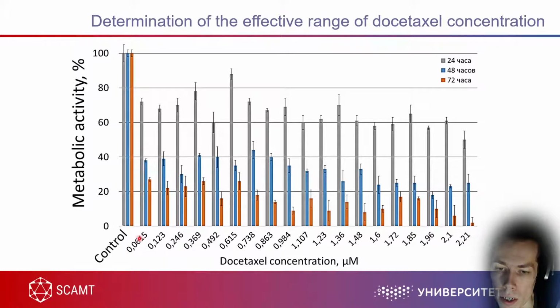So the difference is maybe 20 times between these two concentrations. And as you can see, the difference in metabolic activity is like maybe 70% here and like 50% here, only 20%, but the increase was 20 times. And on the second day again there was a decrease, and on the third day again there was a decrease. But this decrease is concentration independent.